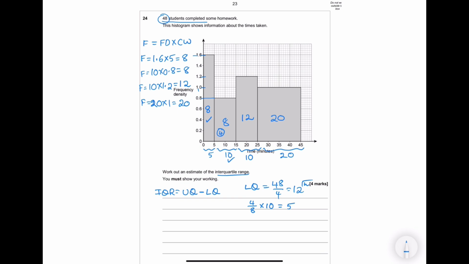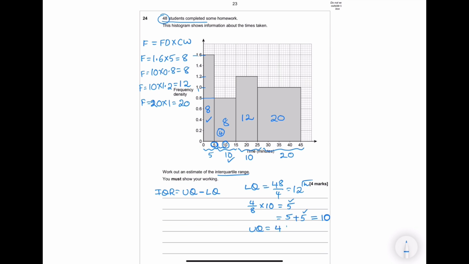Class width is 10. So that is 5. So we need 5 of them in the second bar. The second bar starts from 5 and we need 5 more there. So 5 is the start of the bar, and add 5 more to it and we get 10. So 10 is the lower quartile.